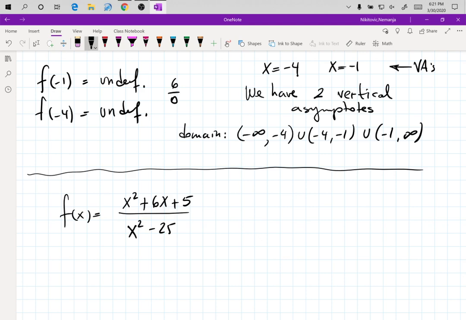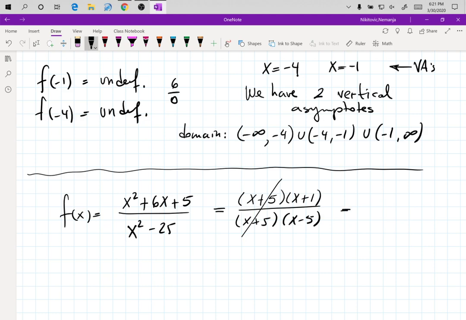If I factor both of these, in the numerator I will have x plus 5, x plus 1, and in the denominator I have x plus 5, x minus 5. So now these two cancel.